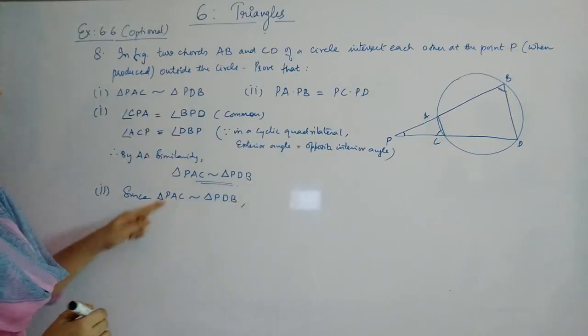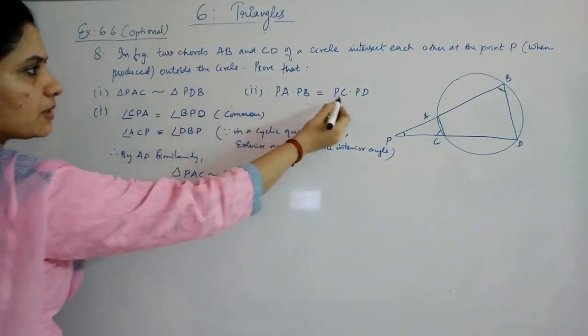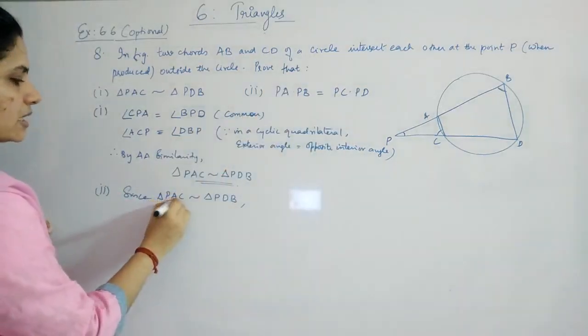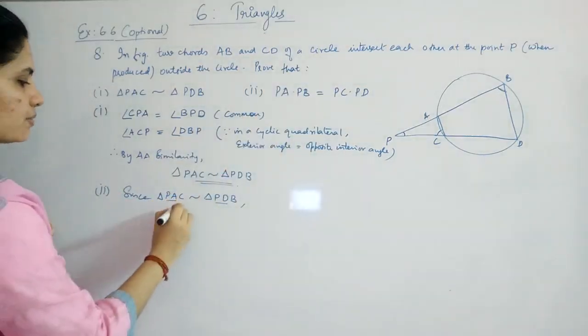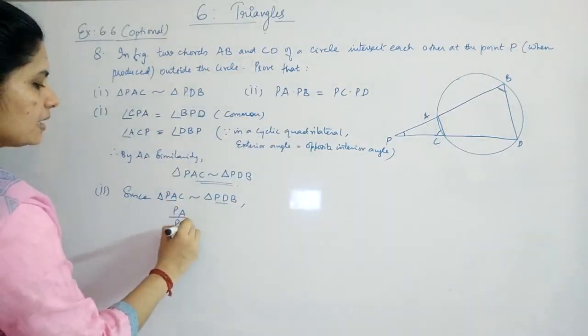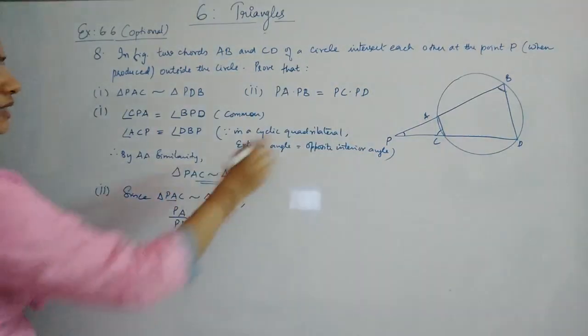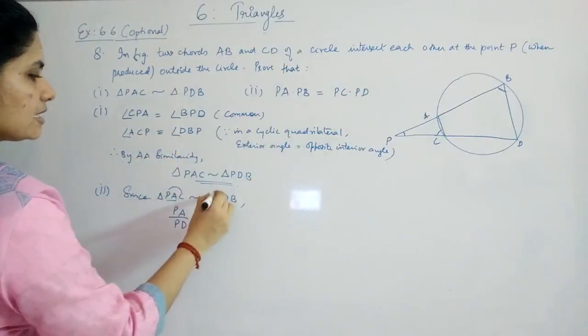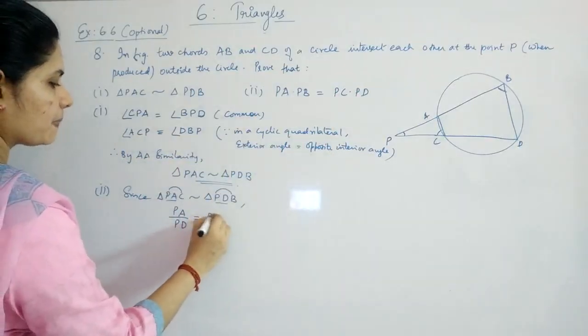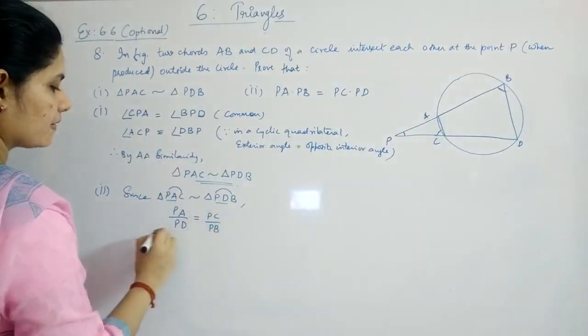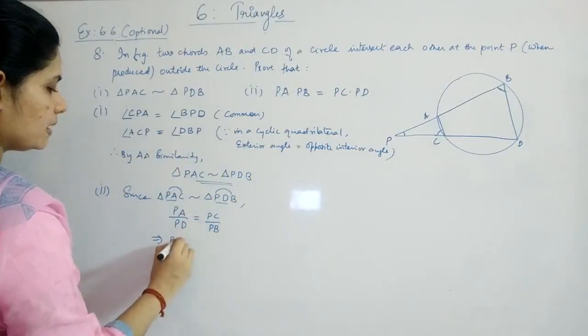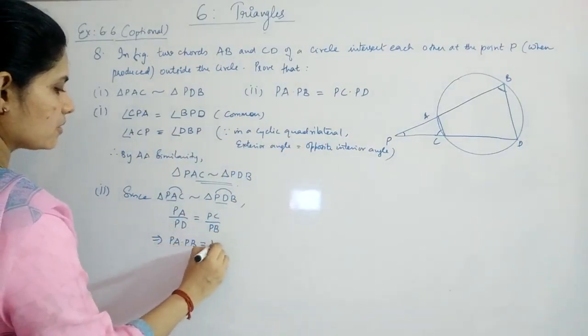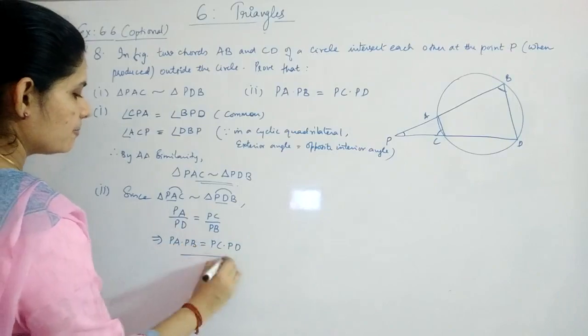And what are the corresponding sides we are taking? We need PA, PB, PC, PD. So if I am taking PA, here it will be PD. So PA by PD is equal to, again we need PC, so here PC by PB. It will give you PA into PB is equal to PC into PD.